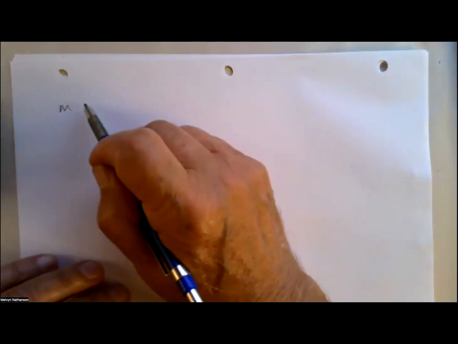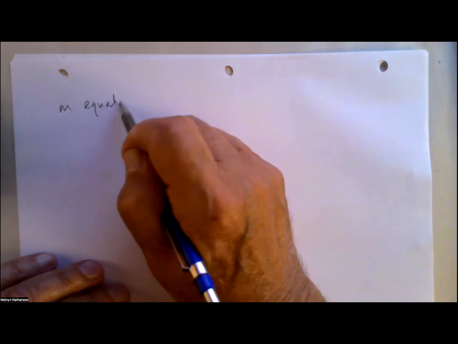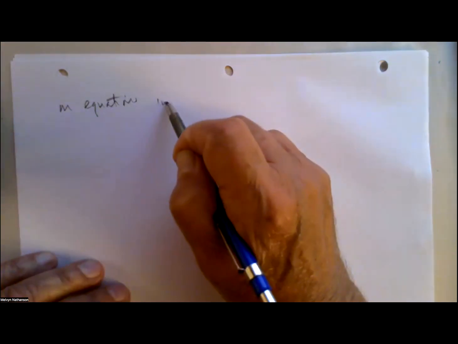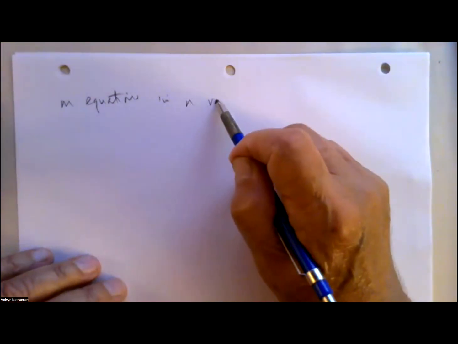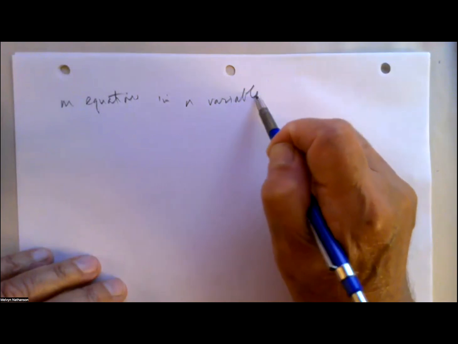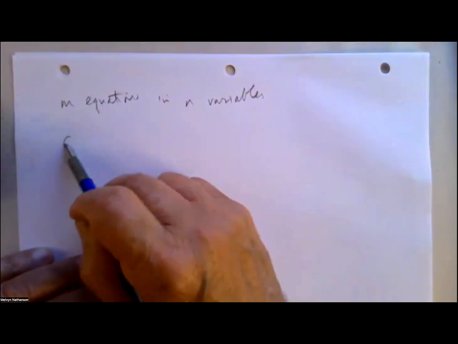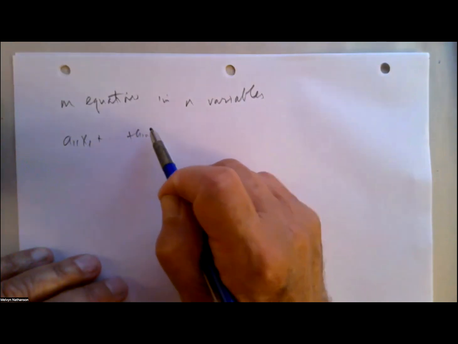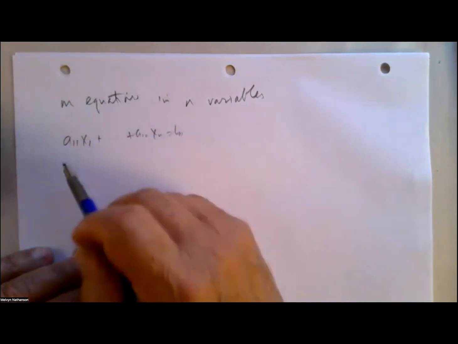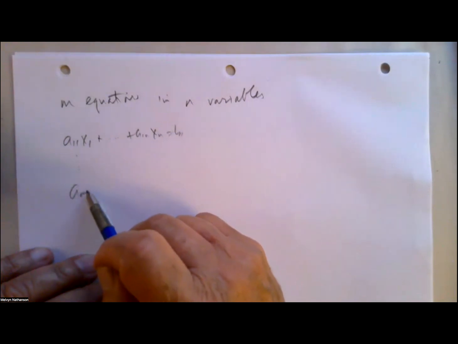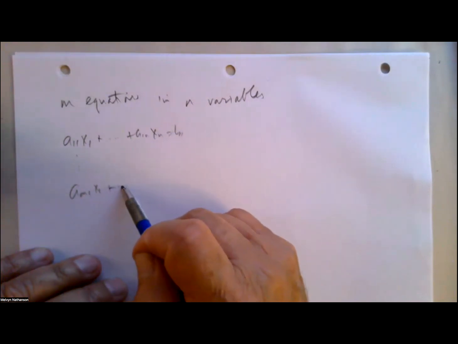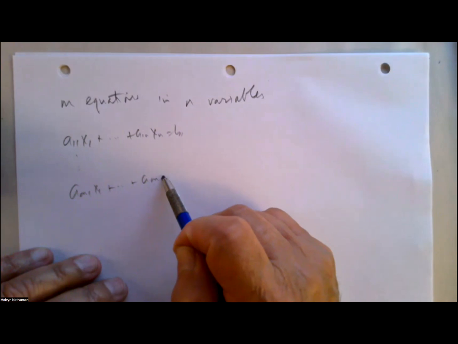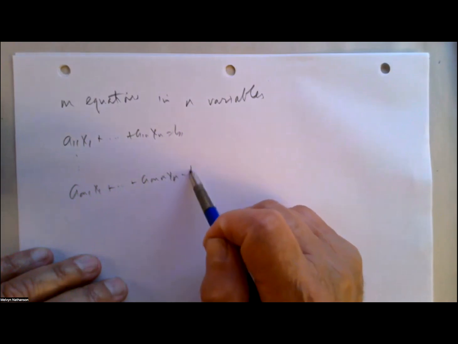Suppose we have m equations in n variables: A11 x1 up to A1n xn equals b1, down to Am1 x1 plus Amn xn equals bm.